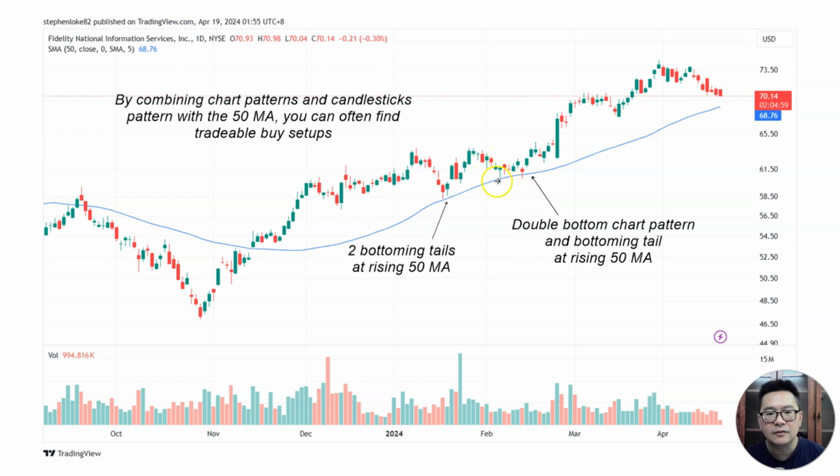And then we have some kind of double bottom here, and when it met the 50 MA, it rose all the way. Remember, a rising 50 MA points to midterm bullishness. That's why if you buy here, you can actually hold for quite a long time and see quite a lot of gains.